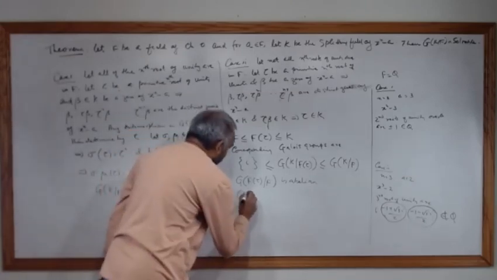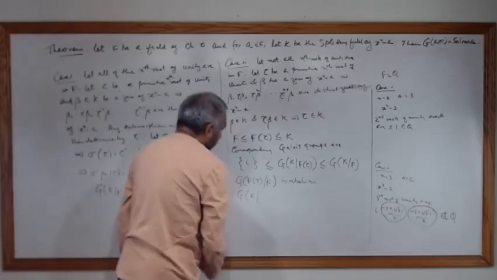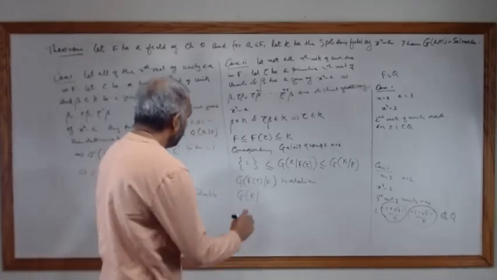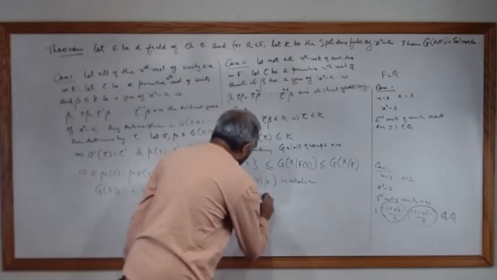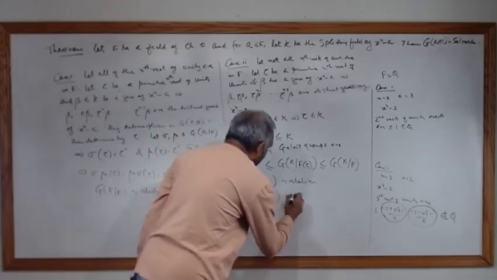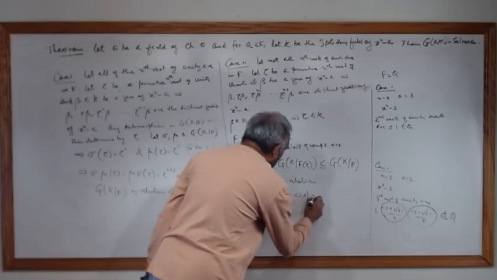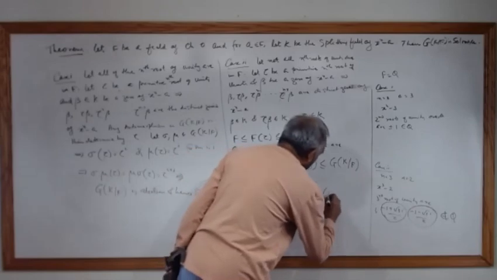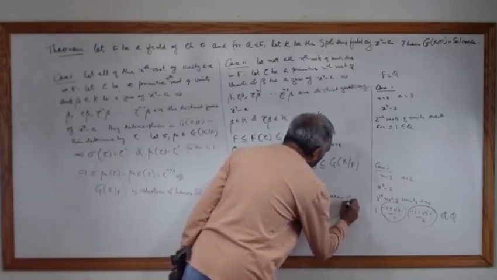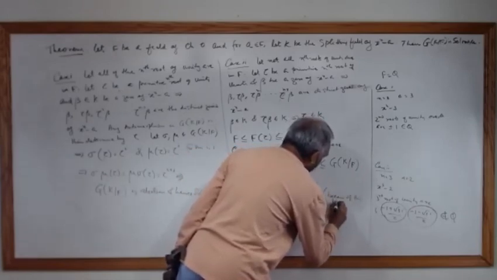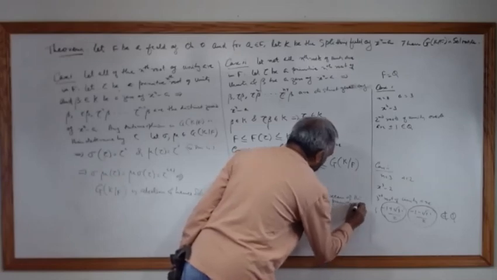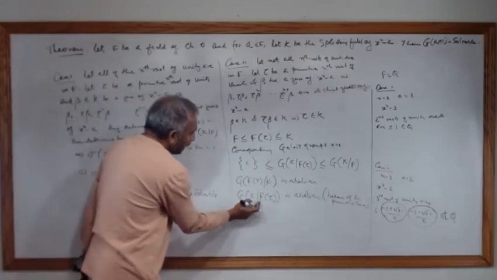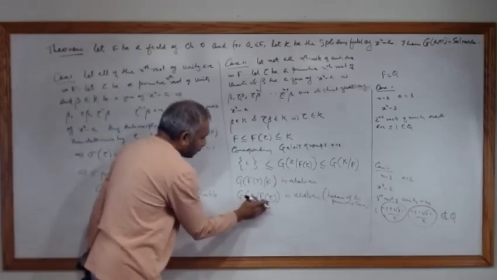And G of K over F of zeta is abelian because of the previous case, because all the primitive nth roots are in F of zeta.